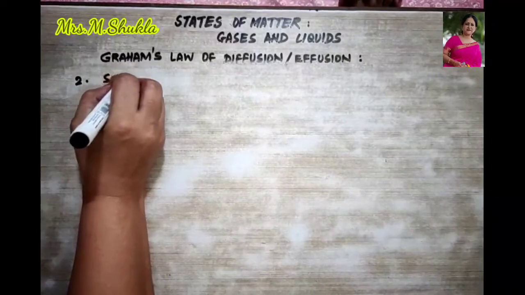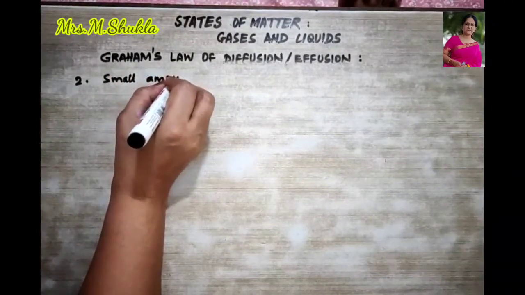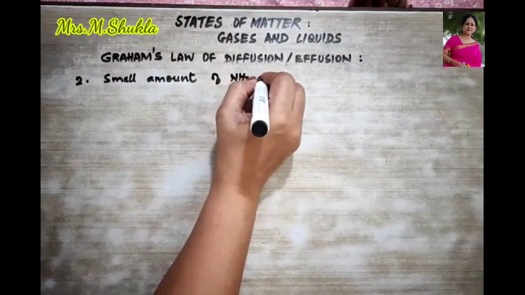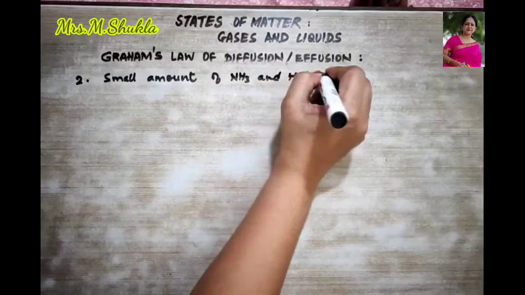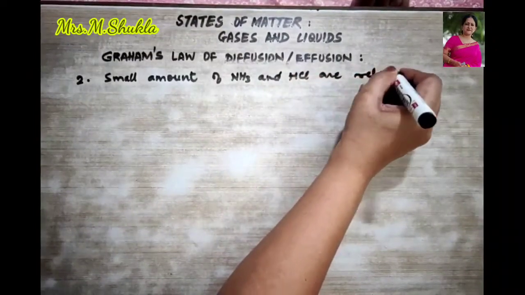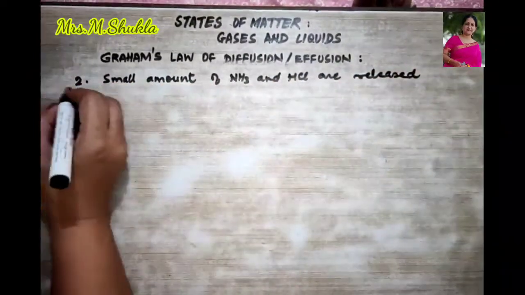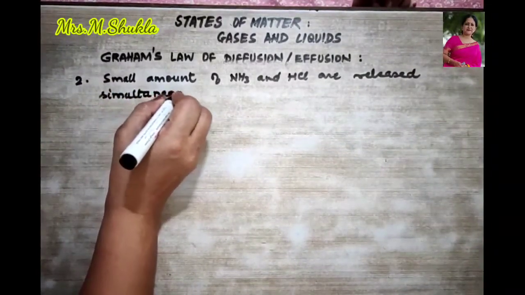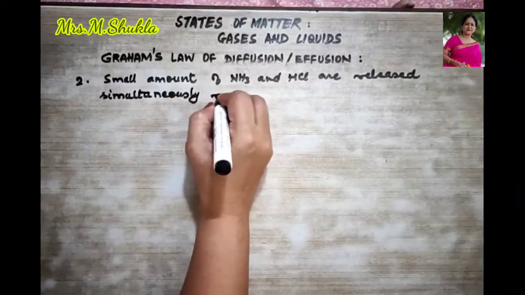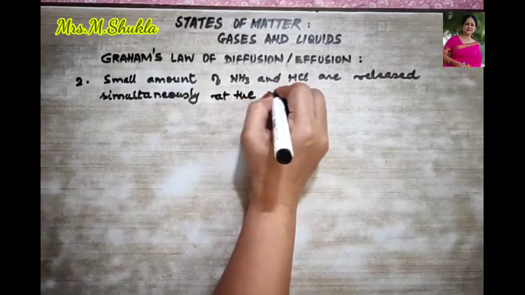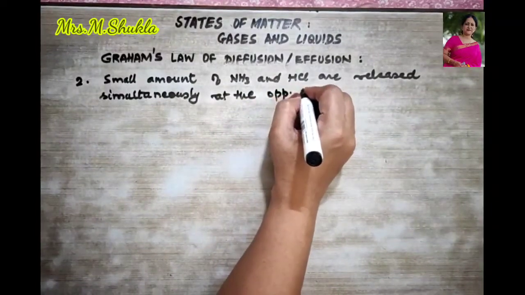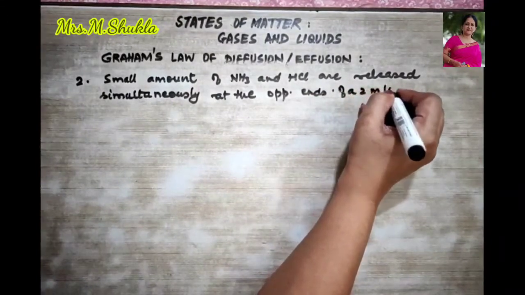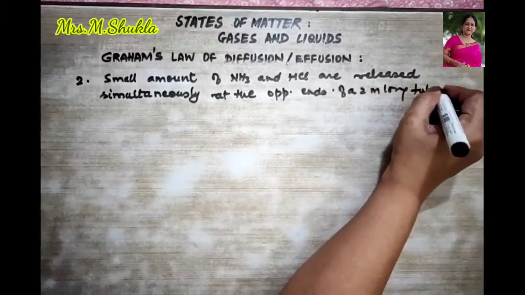Let's say a small amount of ammonia and HCl are released simultaneously at the opposite ends of a 2-meter long tube.